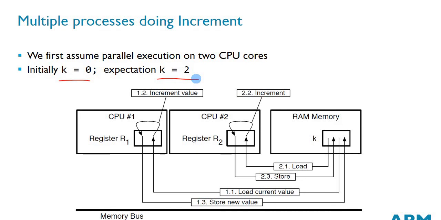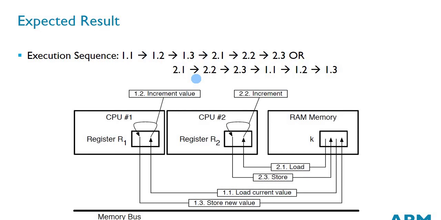Correct? So if I start with 0, after both the tasks complete, k should be 2. Now let's look at what would happen if I follow the sequence that I think would happen, where one task runs and then the other task runs. So either task A first and then task B, or task B and then task A. Or function A, function B, function B, function A.